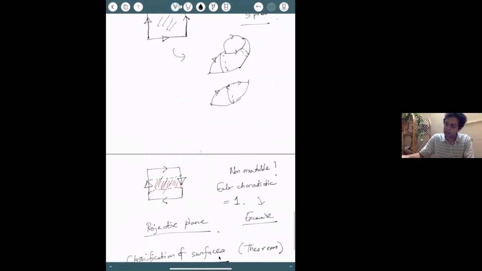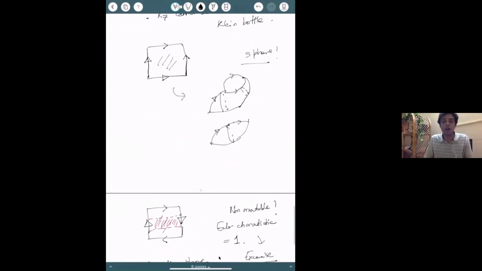And this is an interesting thing. These are the ones that we saw today, the simplest surfaces. The sphere and the torus are the simplest orientable surfaces, and the projective plane and the Klein bottle are the simplest non-orientable surfaces. Then you can build more by adding handles, just like we saw a glimpse of last time, to make a higher number of holes.